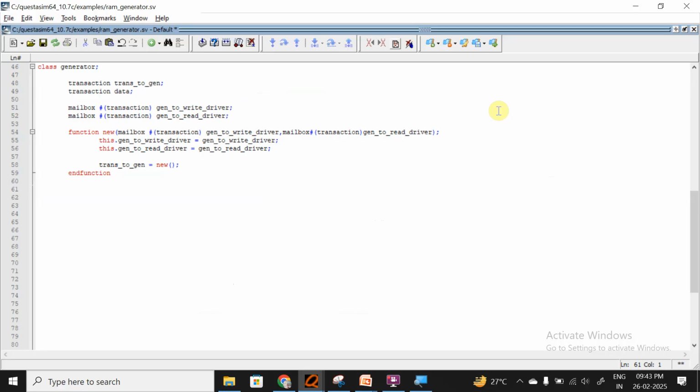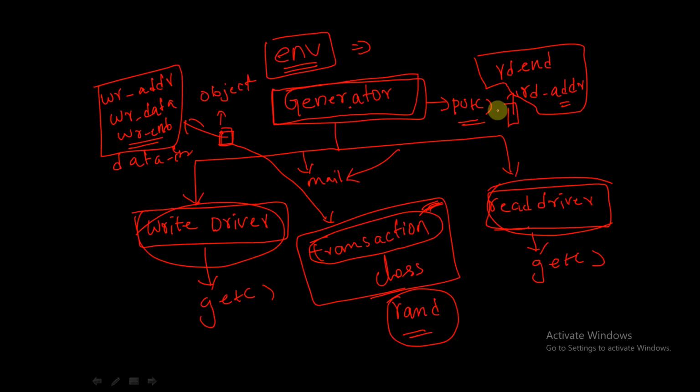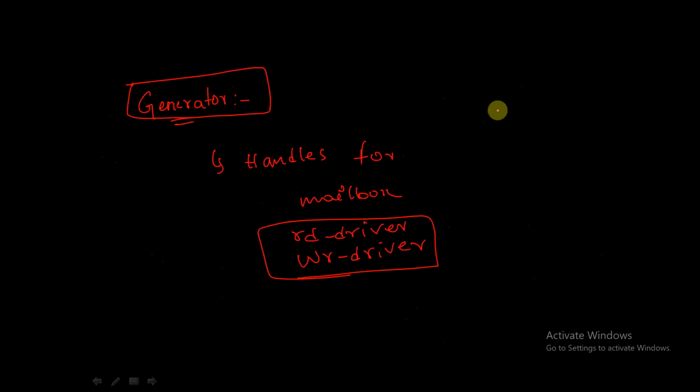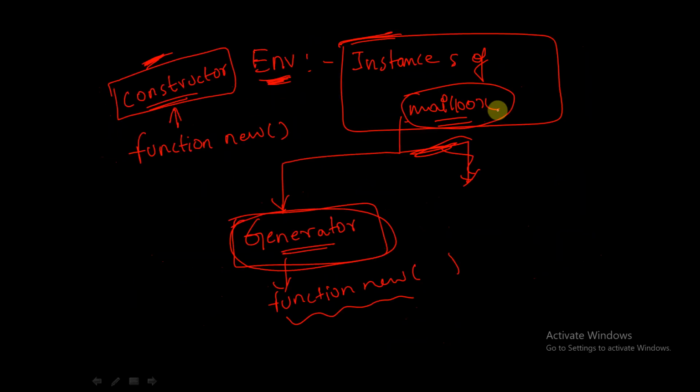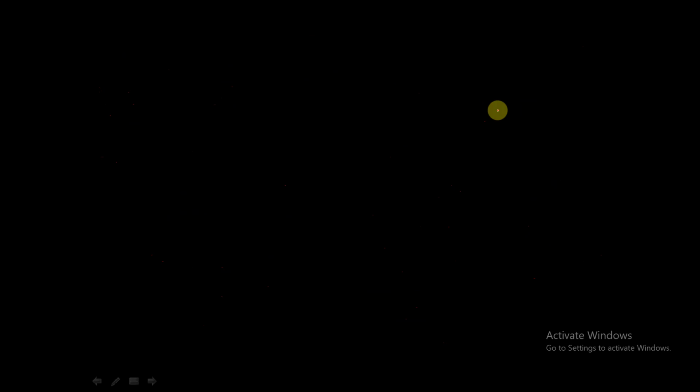We can give the task any name. One more thing, you may have a doubt: how many times should we perform this randomization? For that, we can declare one more variable known as transaction number.